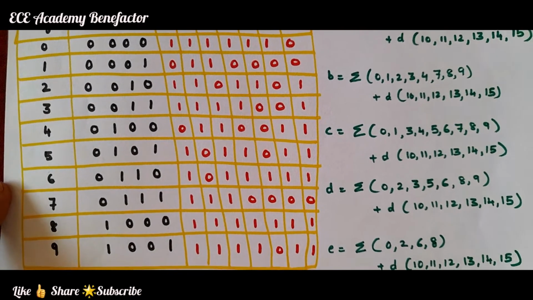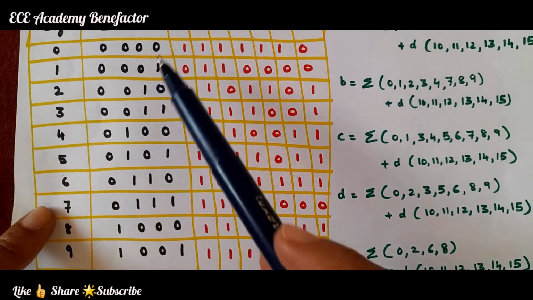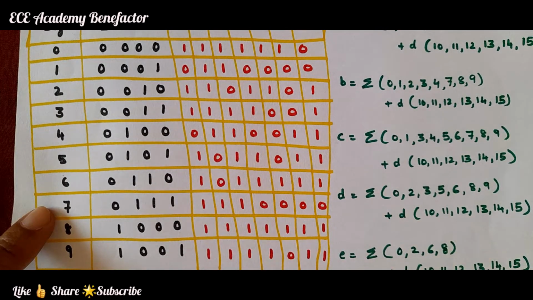In this way we have written the total 10 combinations, from 0 to 9 in BCD form.